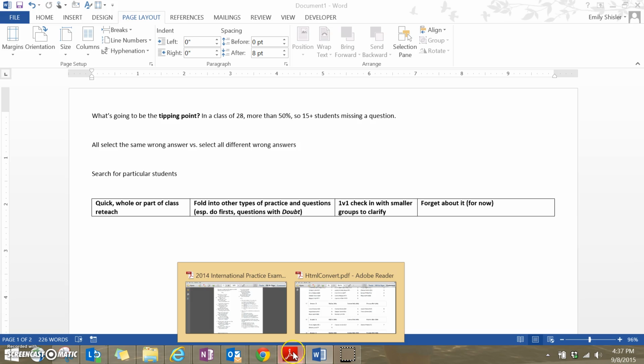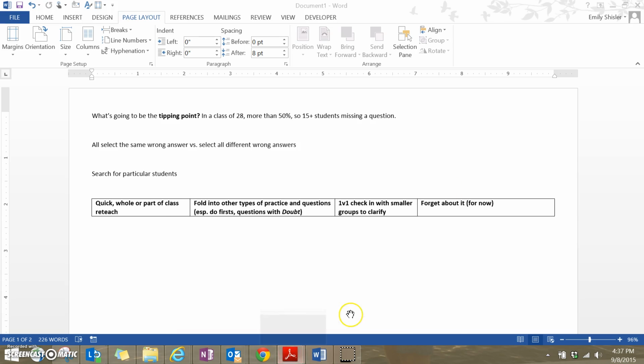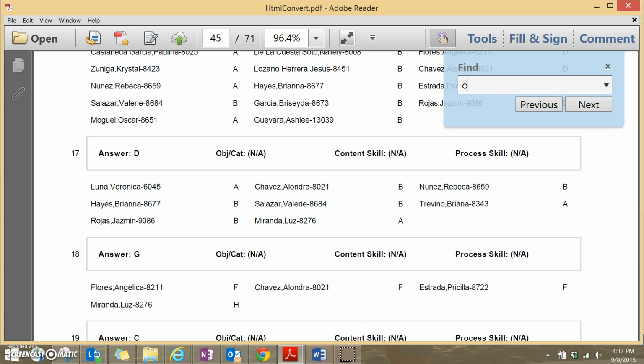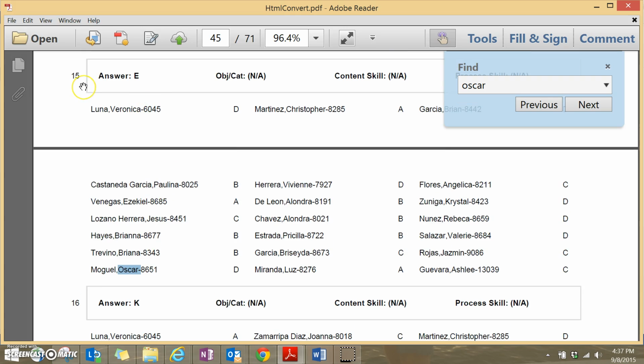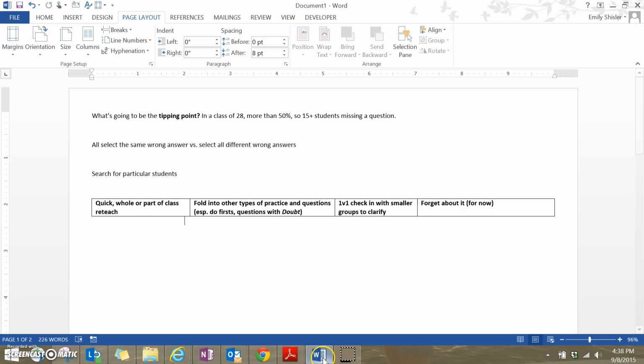So it's maybe helpful for me to search for, using Control F, Oscar and Jess, to see which particular questions they missed, because they only missed a handful. And that might even be something I could just hand them this information and they might be able to self-teach some of the information that they got wrong.